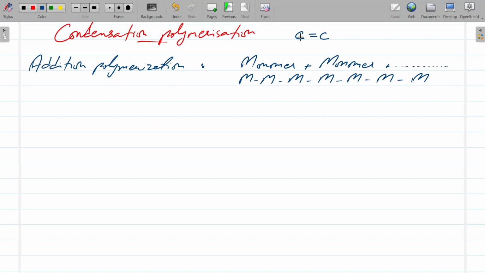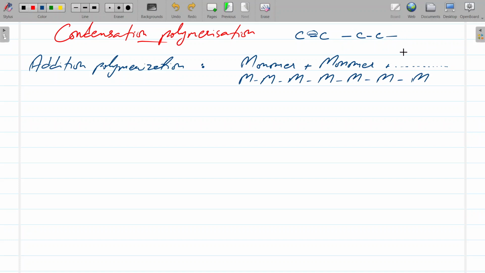In this case, what happens is that you are adding to the double bond, and so that double bond becomes a single bond, and then you've got more of the same on either side.